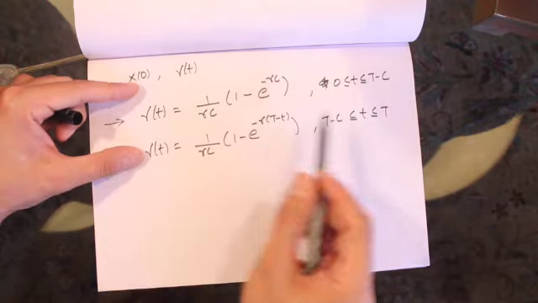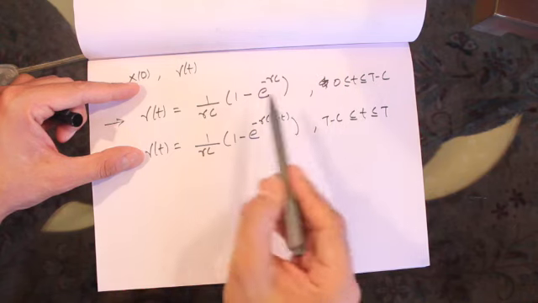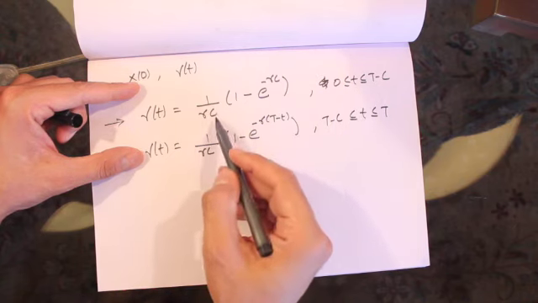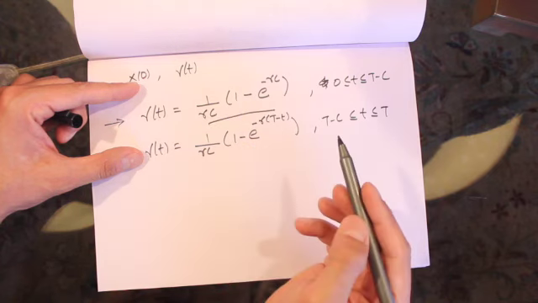I'm claiming that when time is less than or equal to T minus C, this is the number of shares of the risky asset that we need to hold.